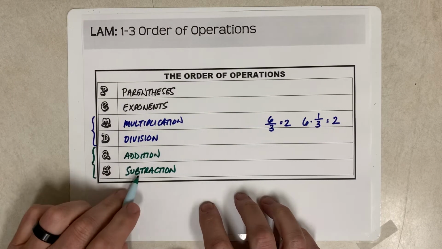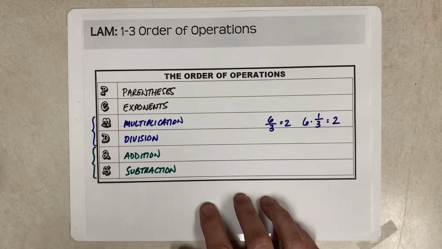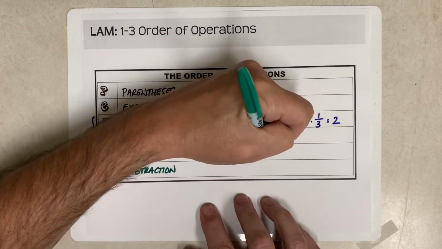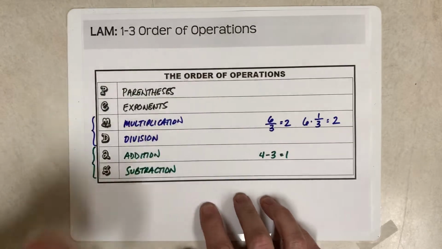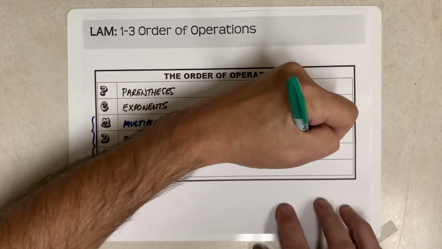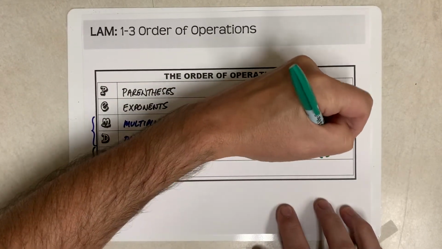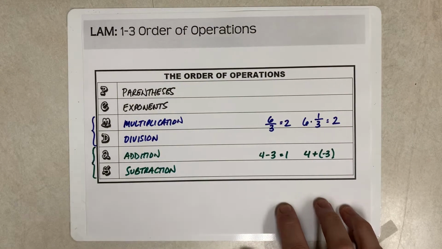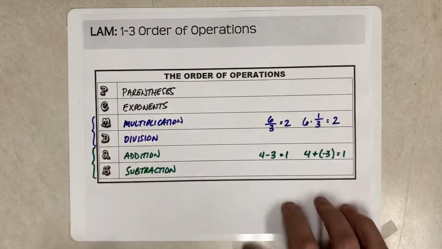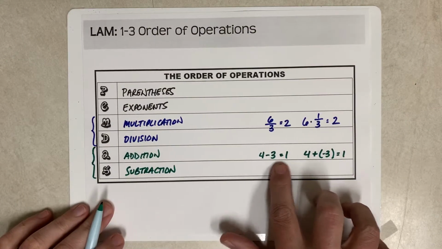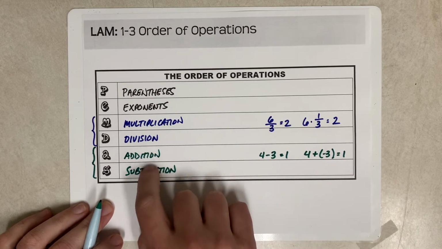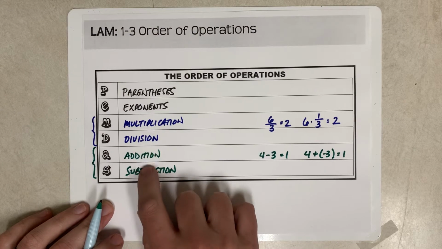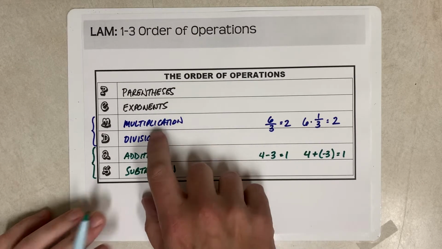So addition and subtraction are the same operation, because if you take 4 minus 3, we all know that that's equal to 1. However, if you take 4 plus a negative 3, that's still equal to 1. And we see that subtraction is really the same thing as addition, you're just adding a negative number. So we have to consider these two operations to be almost identical operations, same way we did with these two.